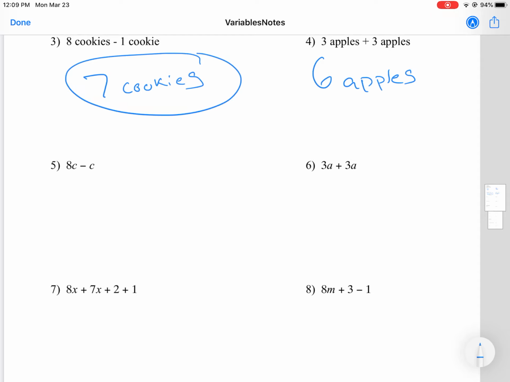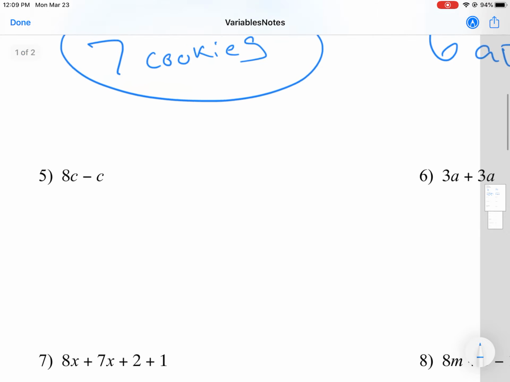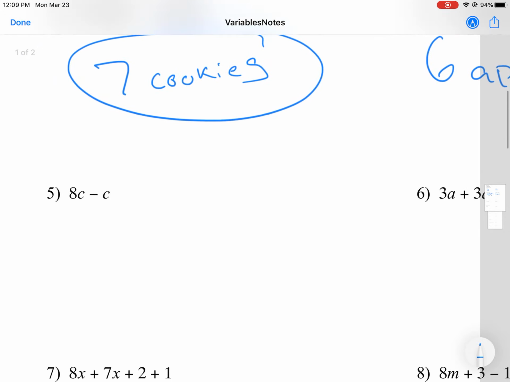Number 5. And notice how for number 5, it's a direct correlation to number 3. So let's take a look here. I have 8c minus c. Now, when in algebra we don't see a number in front of our variables, we can always assume it's a 1.